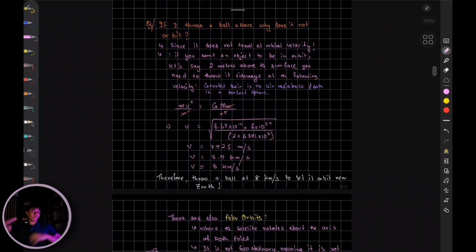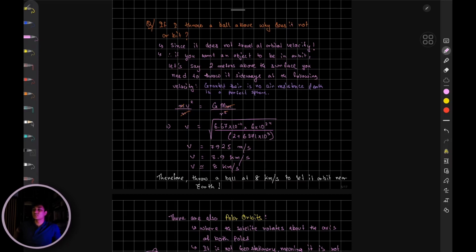Now, there's an interesting part to this that I just added for no reason. You may think that, let's say, while playing cricket, if you throw a ball, why doesn't it orbit around Earth?